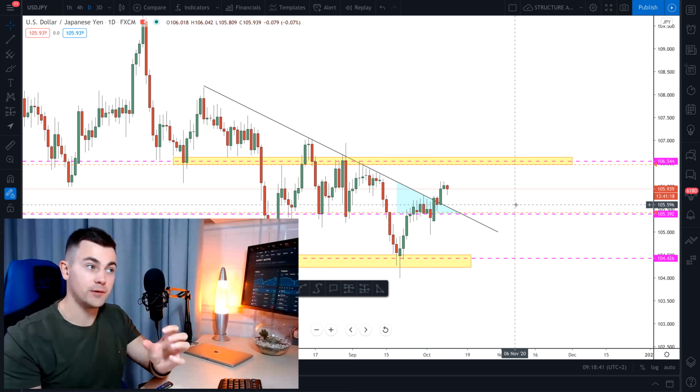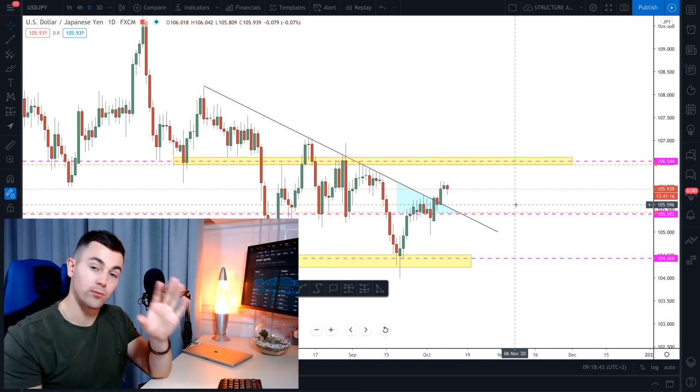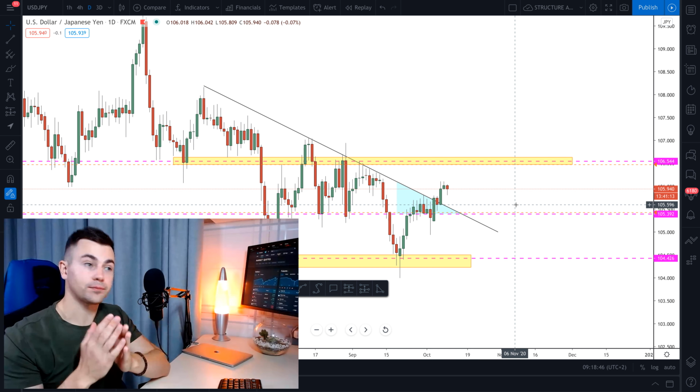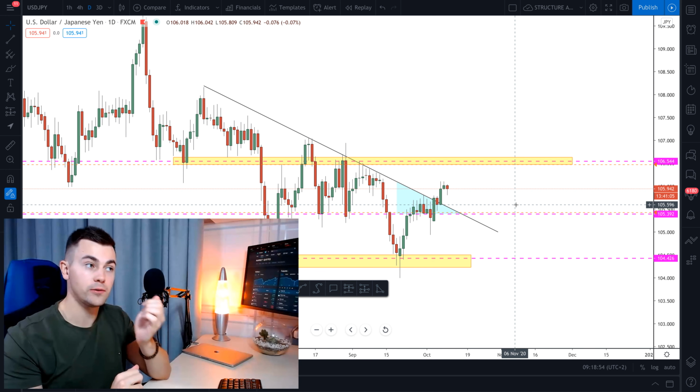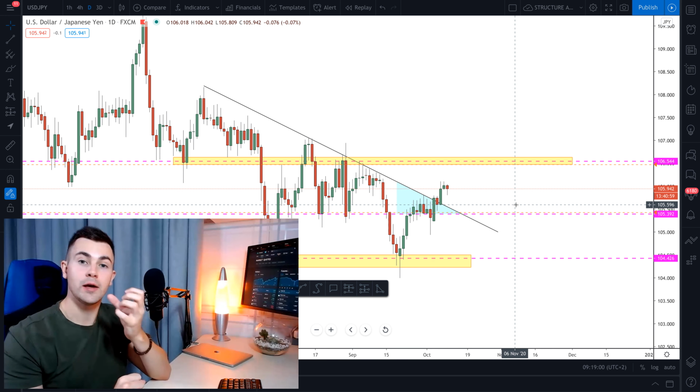So attention here: I don't use my broker's service for alerts. I simply use the TradingView app. You can find it in the App Store, and you can use it for chart management. It is very nice, and no matter where you are, you will be notified once the key level is reached.